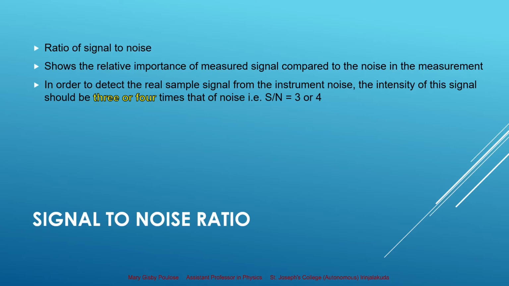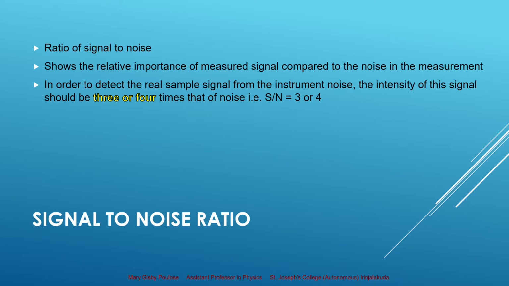Now, by noise, we mean any other wavelengths that come into it, other sounds that we do not prefer, or other light sources that we do not prefer, or any other waves that we do not prefer to enter into that detector. Electrical waves can also enter. So, those are all noise.